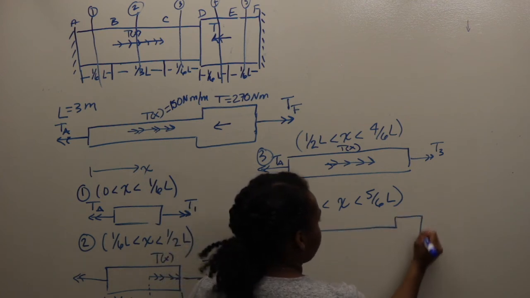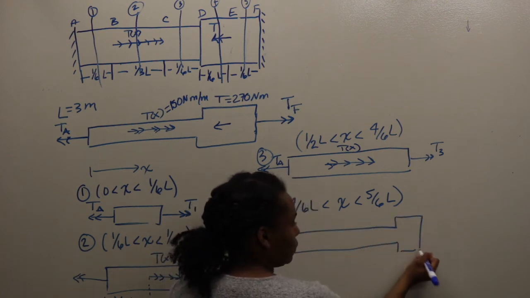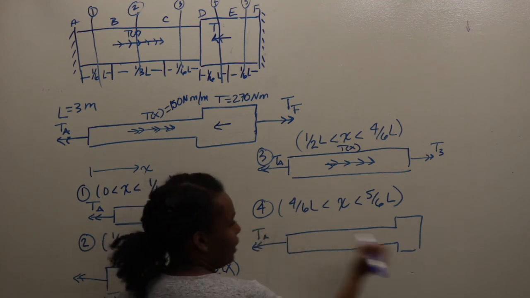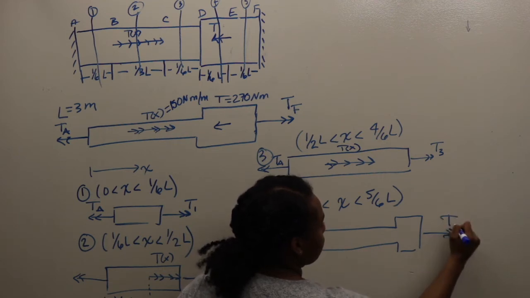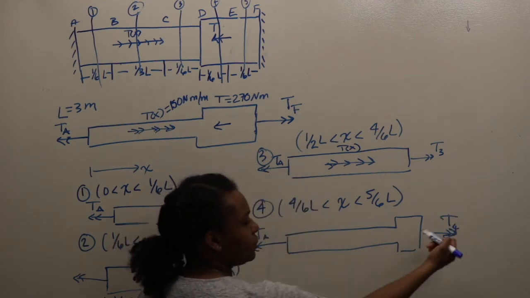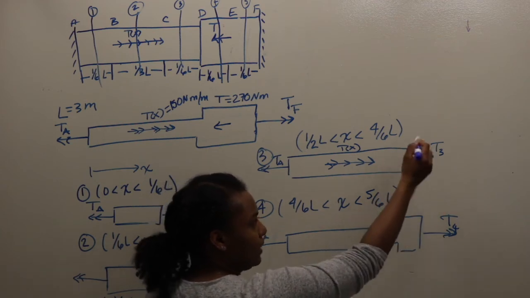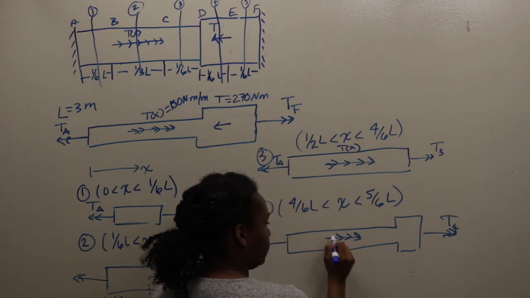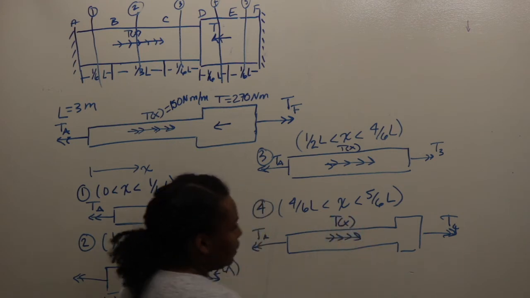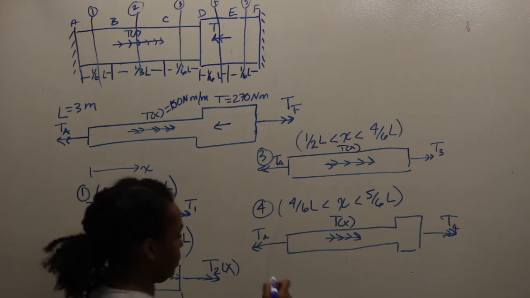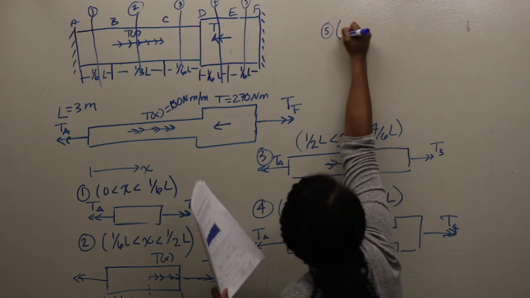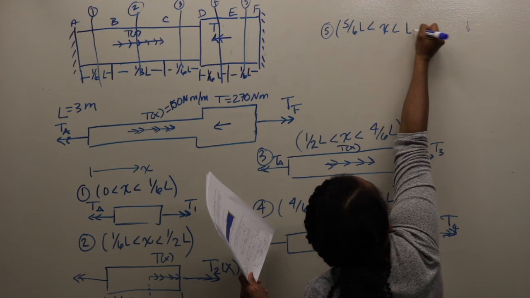And then you're going over a little bit between D and E. So the reactive at A, this is the internal torque number 4, which we'll find out is actually equal to T3, and the distributed torque here. And then for the fifth and final cut, you'll have it between 5/6L and the total length of the bar.